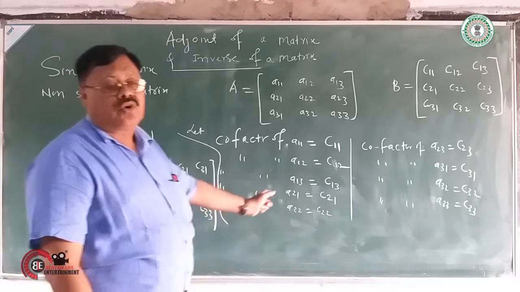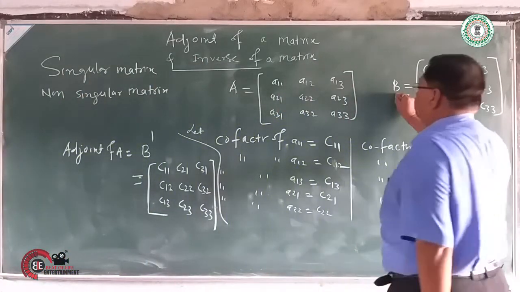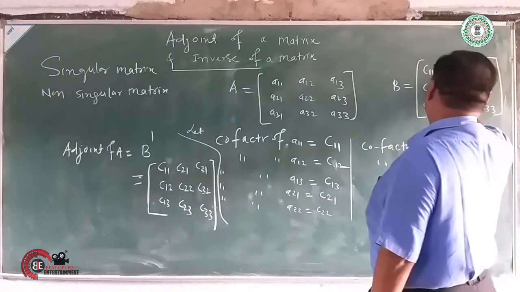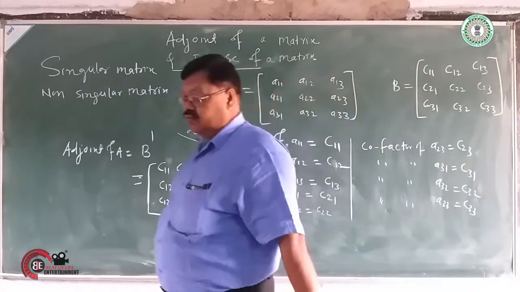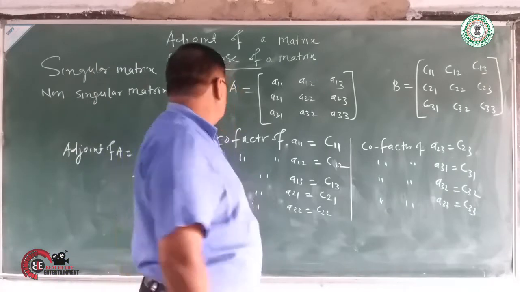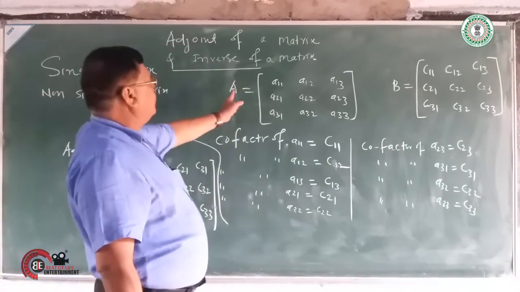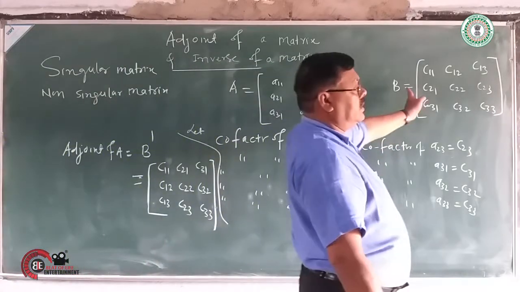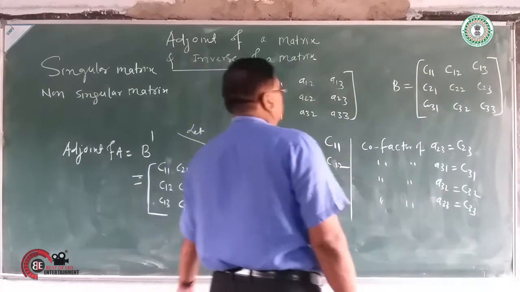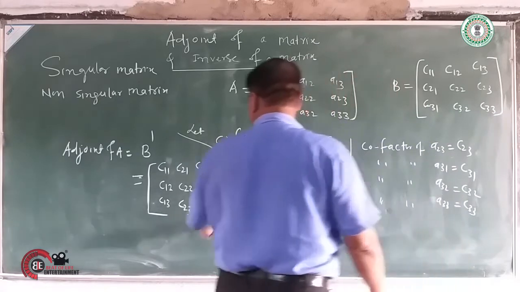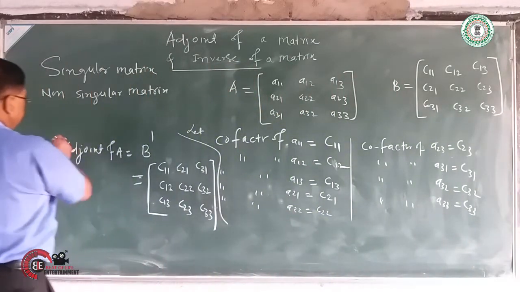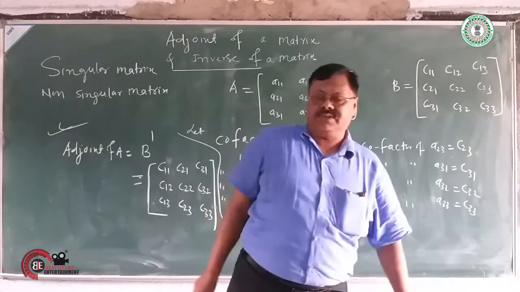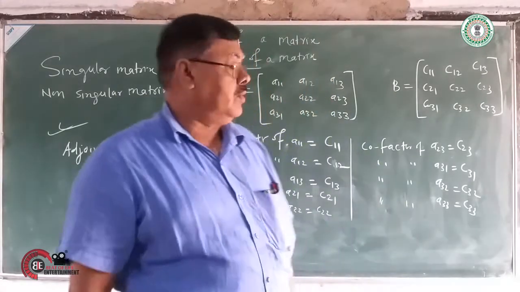Now after finding the cofactors, we make a matrix B of cofactors, where each element is replaced by its cofactor. The adjoint of the A matrix is equal to B transpose. Take its transpose, converting the first row into the first column, the second row into the second column, the third row into the third column, and that gives the adjoint of A. This is the concept to find the adjoint of a matrix, student.